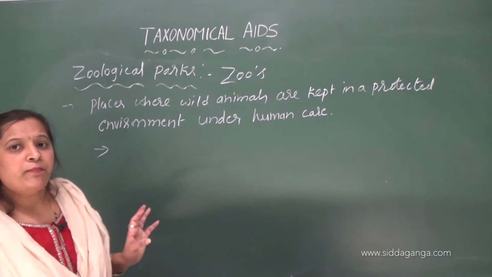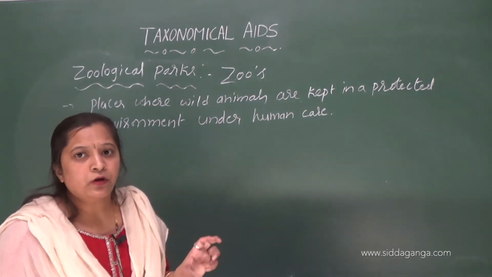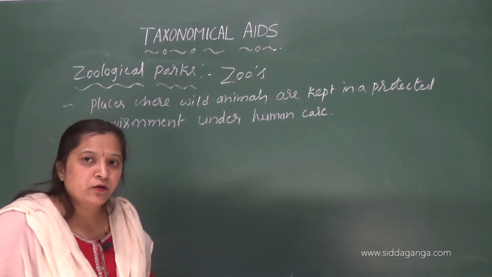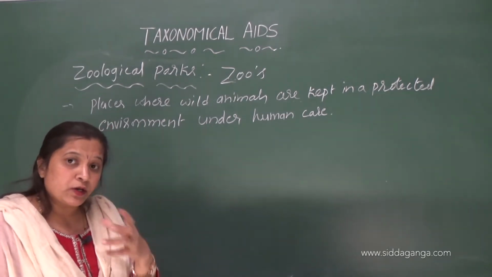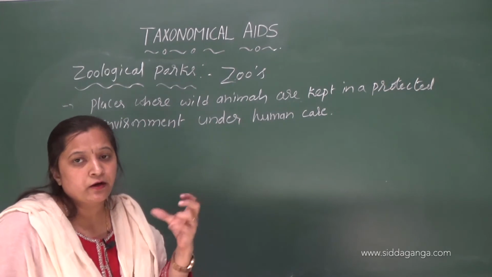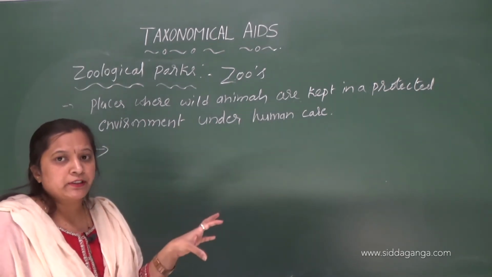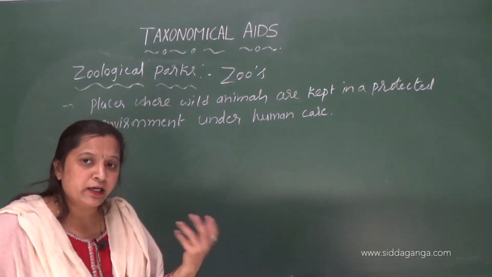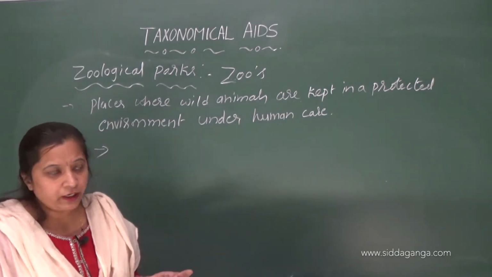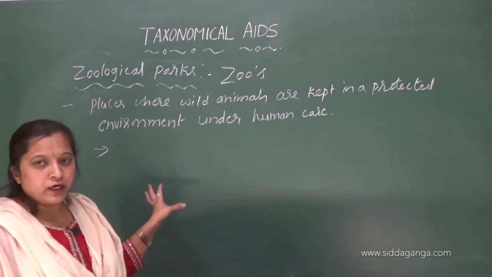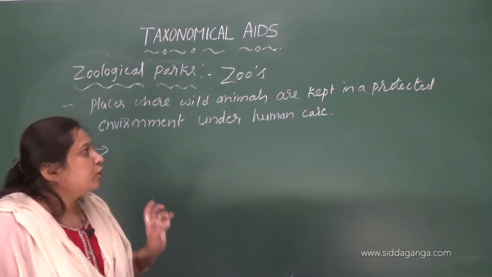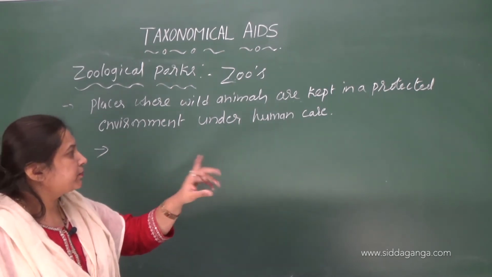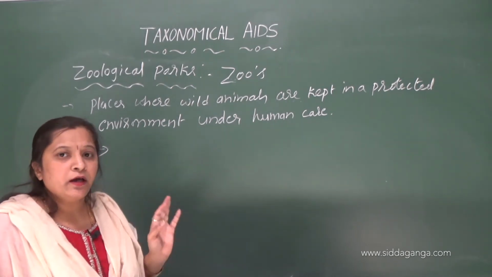By visiting the zoological parks one can study and learn the feeding habits and the different behavior of different types of animals. So they are meant for knowledge and also for entertainment.